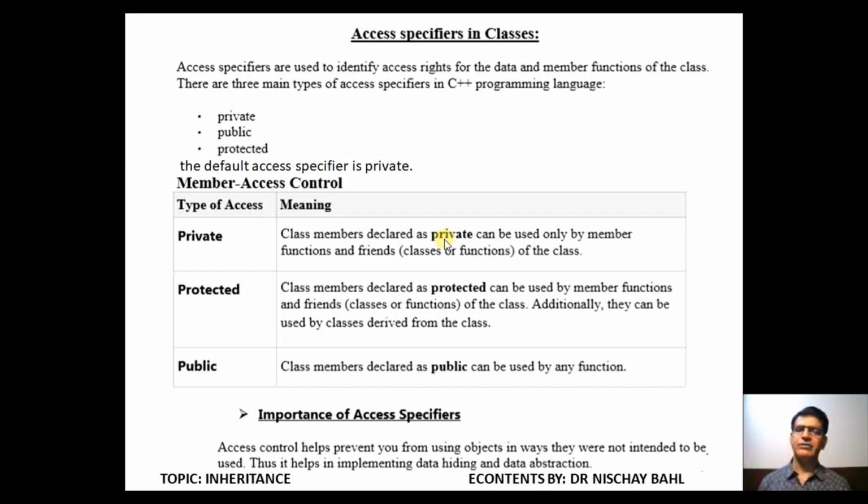So what is the importance of access specifiers? Access control helps prevent you from using objects in ways they are not intended to be used. So they help in implementing data hiding and data abstraction, so that intentionally or unintentionally, some data member is not misused. That is the main purpose of access specifiers or access control.